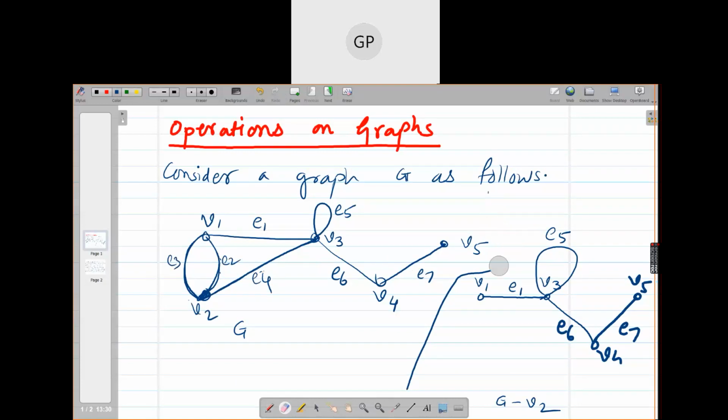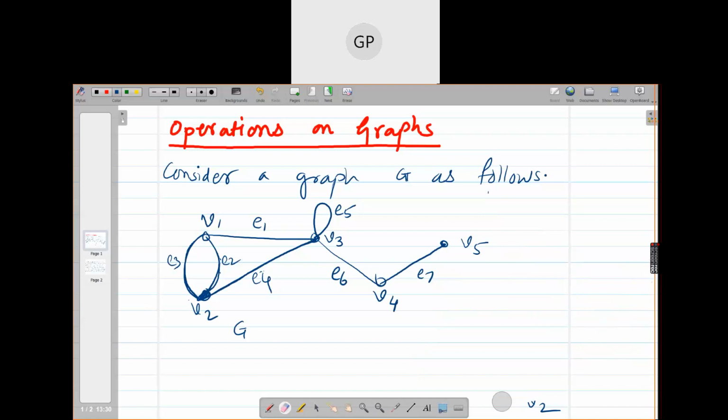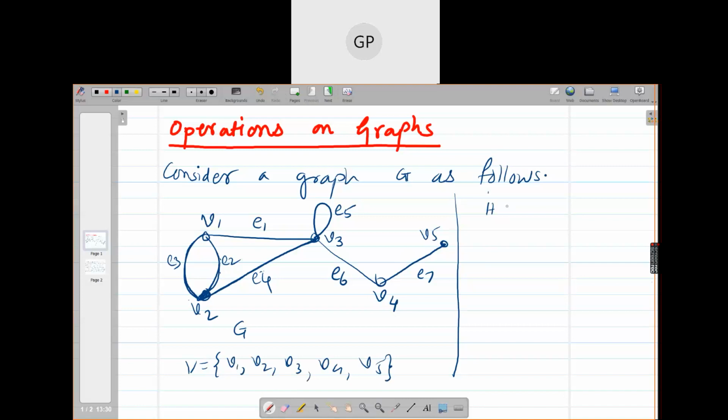Now here you tell me any subset of V. V is V1, V2, V3, V4 and V5. So choose any subset of V. H is equal to, suppose I choose all odd numbered vertices.